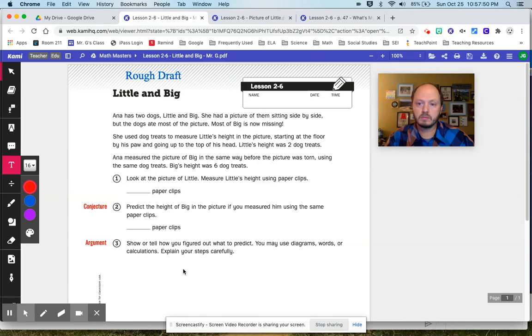And then we're going to be refining those answers and having a final draft of the same sheet. So we're going to be talking about this. We're going to be thinking about it. We're going to be working on making an even better answer. And I will be sharing some student work again with you, just like I did for lesson 1 or unit 1's problem solving lesson as well.